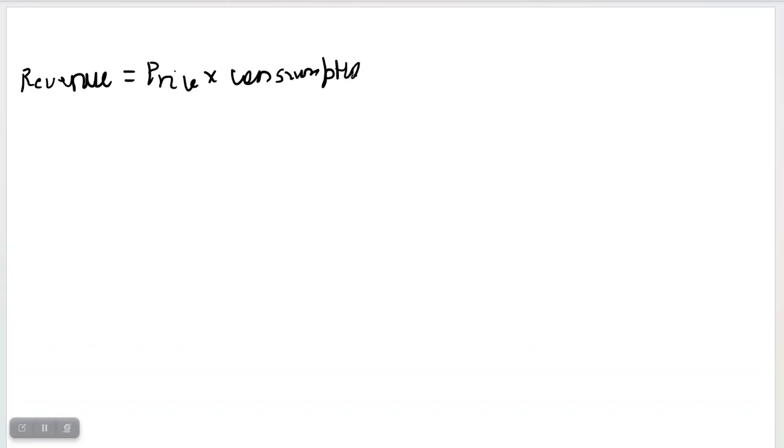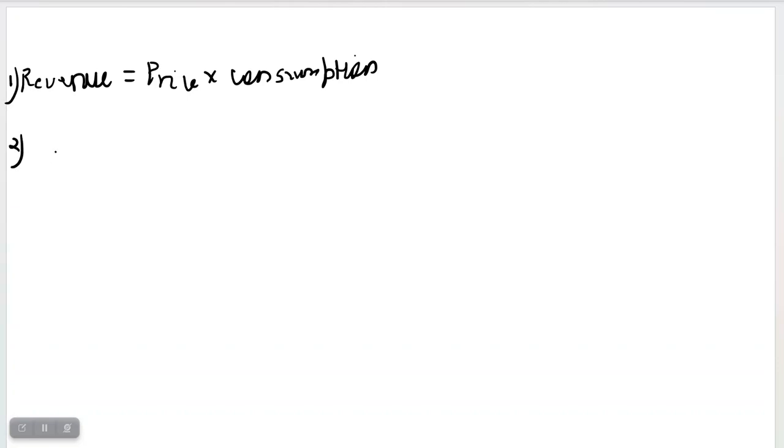Yes, when we did the application of integration, we did say revenue is price into demand. But right now, demand is actually understood as consumption. So revenue is price into consumption. This is the first thing we should remember.